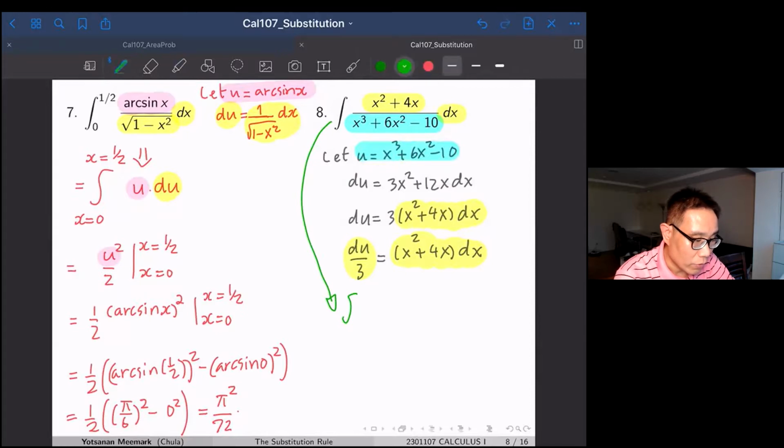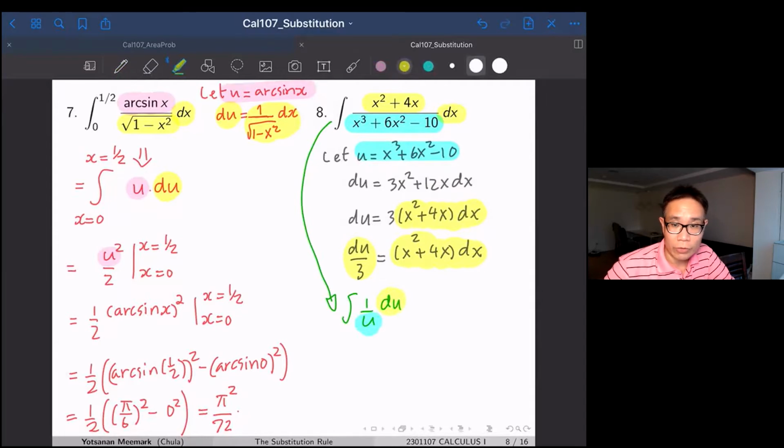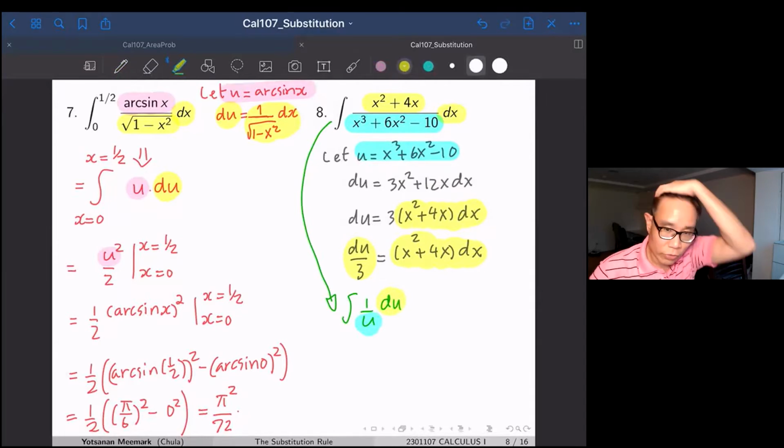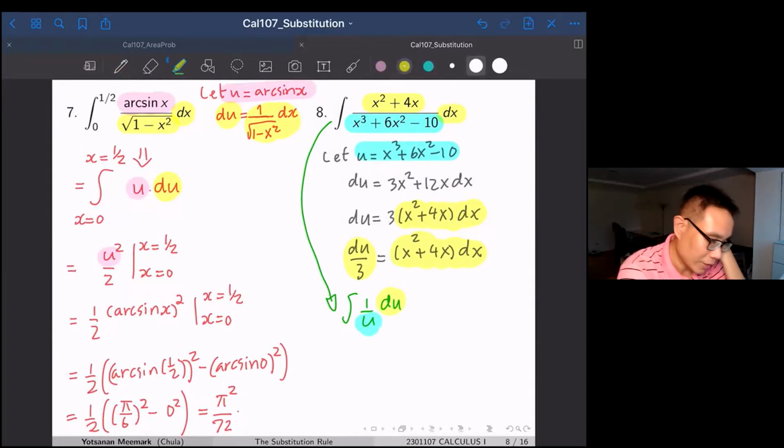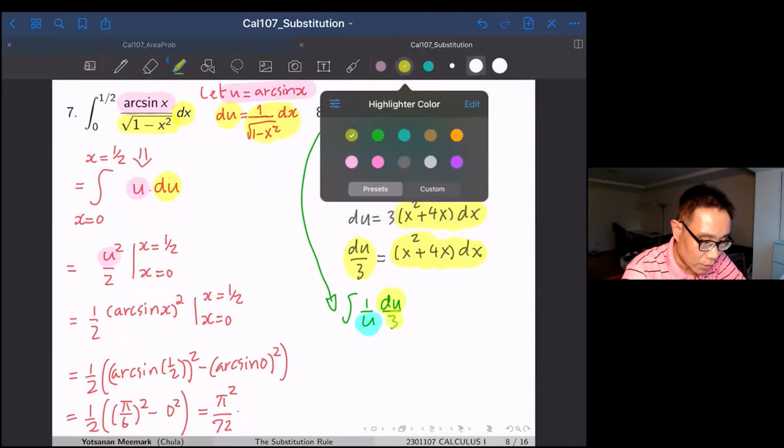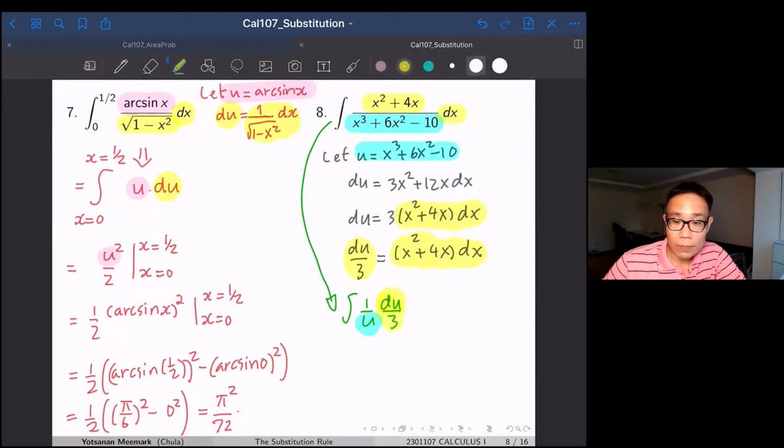So this one turned out to be 1 over u, and you have du. So you see that it's quite simple. The yellow guy changed to du. I forgot the 3, so it's going to be du over 3. And you have 1 over u.